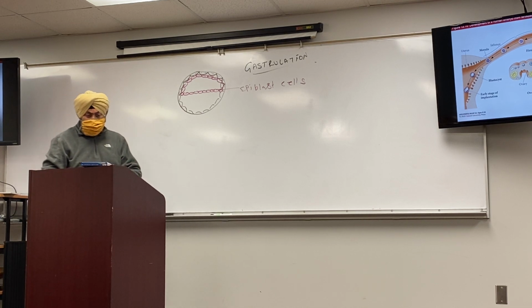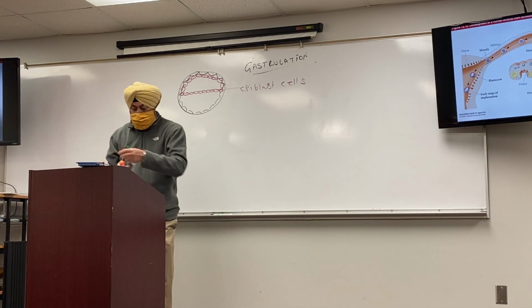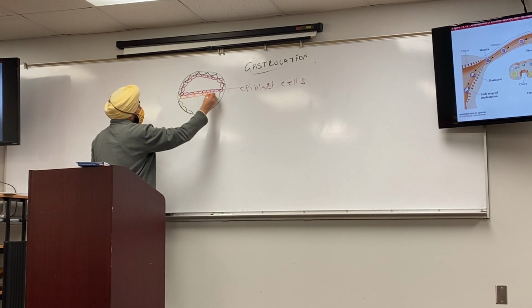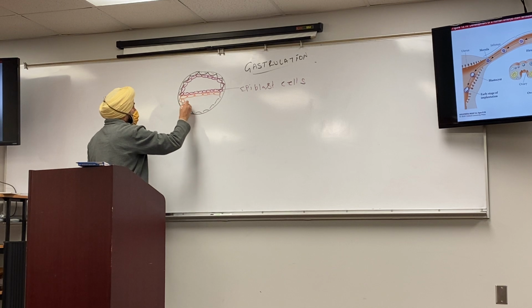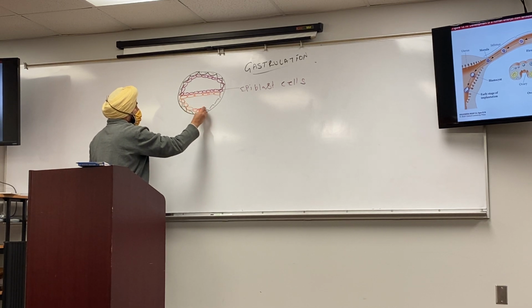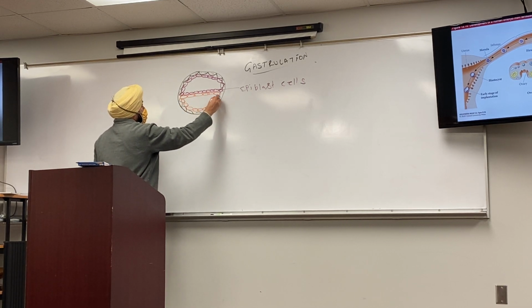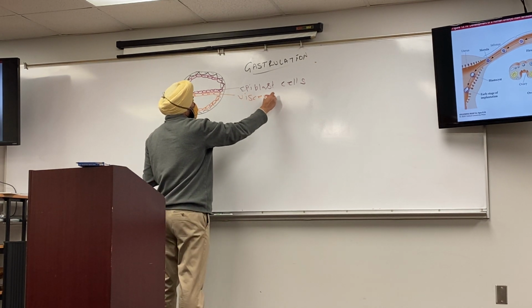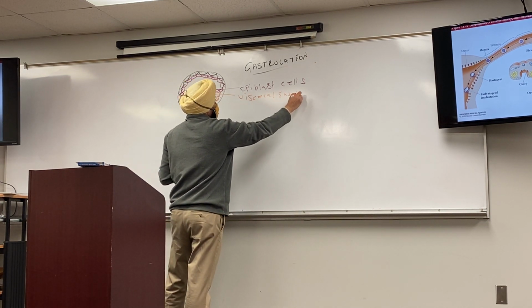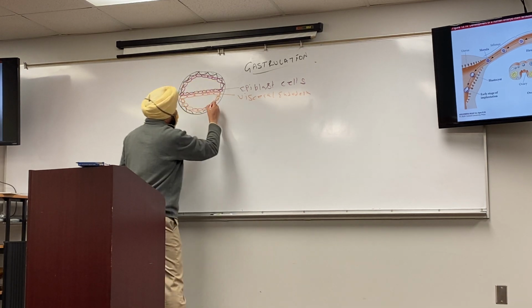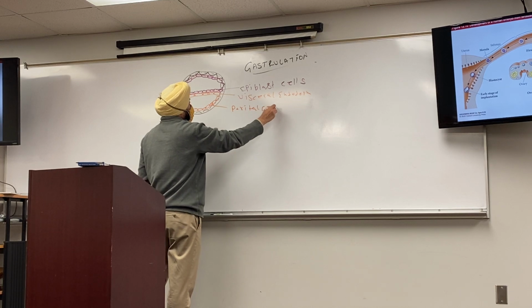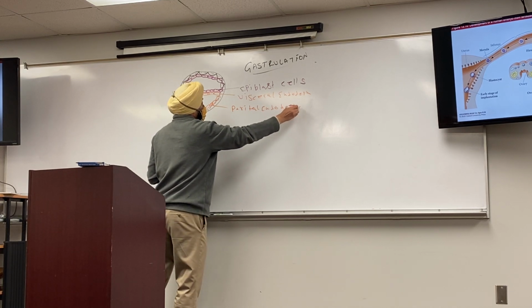So I'm just making that upside down from what you have. And then you have your visceral endoderm. So this is your visceral endoderm and your parietal endoderm.